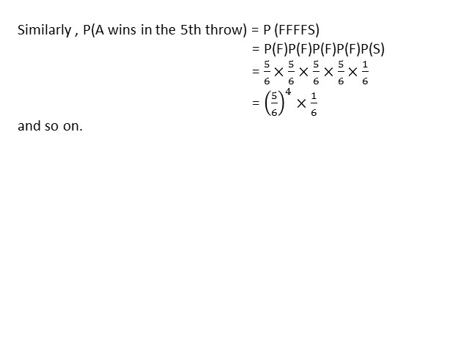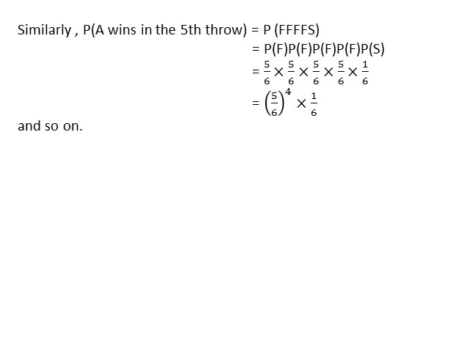But if A didn't get 6 in the third throw, then the third case arises that A gets 6 in the fifth throw. It will happen only when the first throw by A, the second throw by B, the third throw by A and the fourth throw by B result in not getting 6.